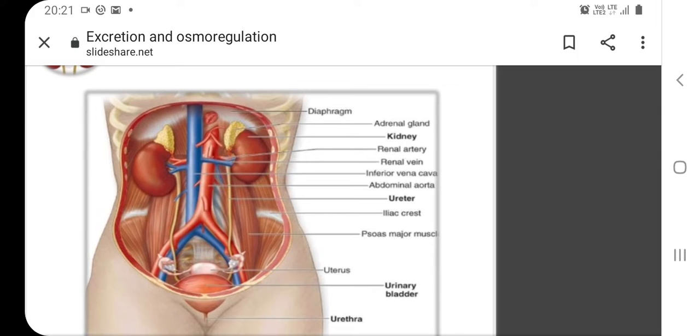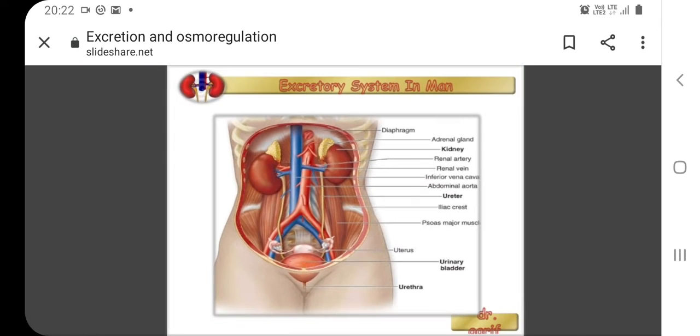It shows the presence of adrenals above the kidney. Renal artery and renal veins are visible, supplying the kidney. The inferior vena cava, abdominal aorta, ureters, which bring the urine from both the kidneys, urinary bladder, and urethra.